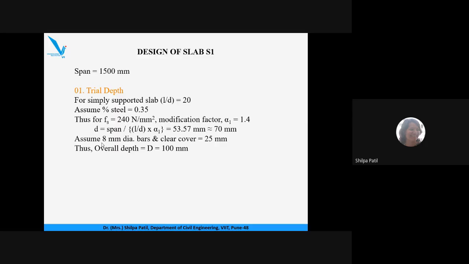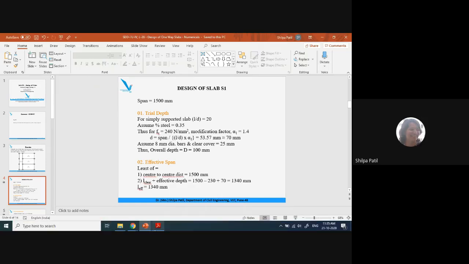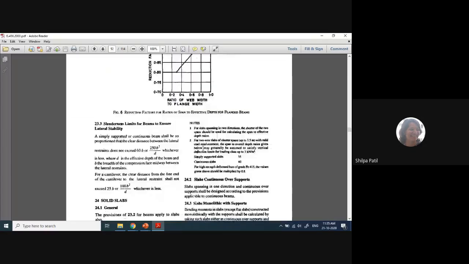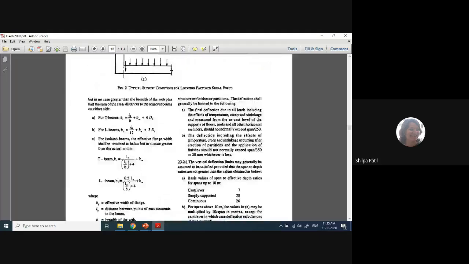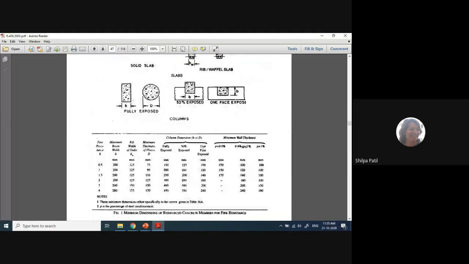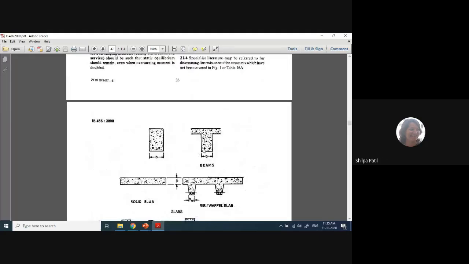And the clear cover we have to decide based on the exposure conditions given. What is the exposure condition given? Mild. Mild exposure condition. So if you refer to the table for the exposure conditions, can you tell me the page number? 47.